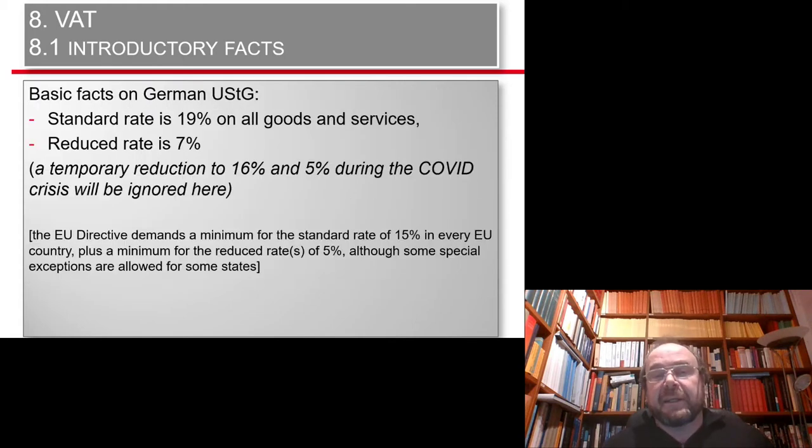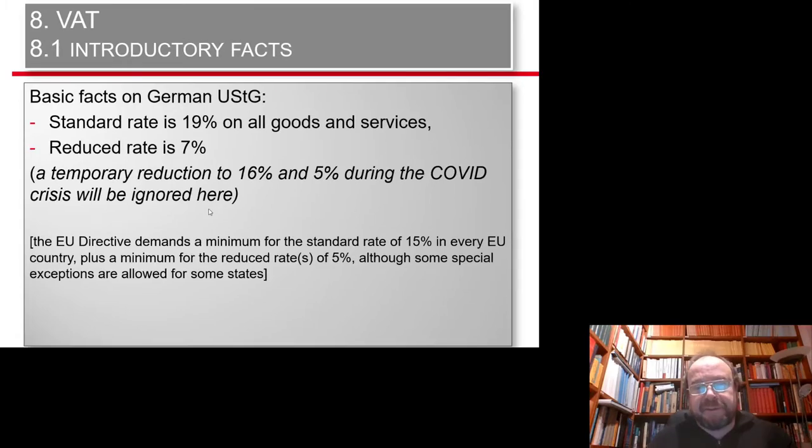Well, the most basic facts in the German USTG are naturally the rates. At present, 19% on all goods and services, and a reduced rate on things which are taxed at a lower level just because they are very often parts of the basic needs of life.